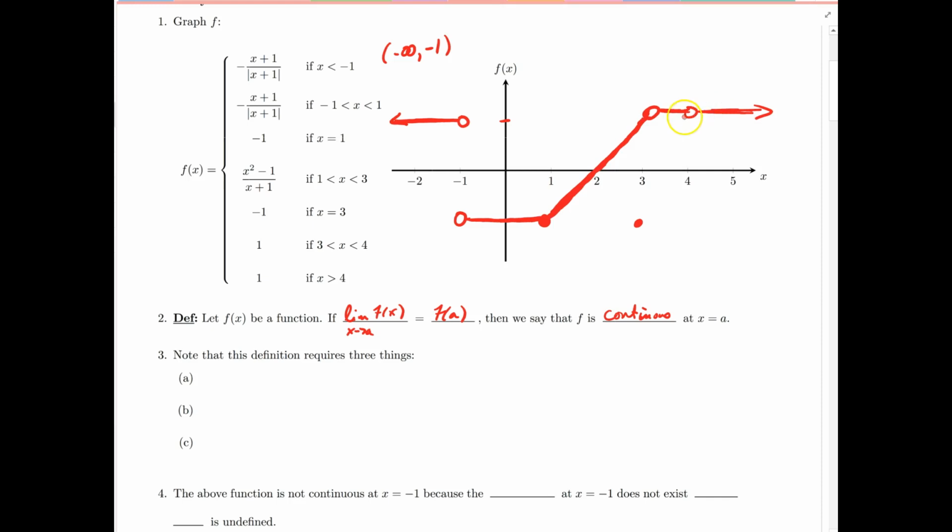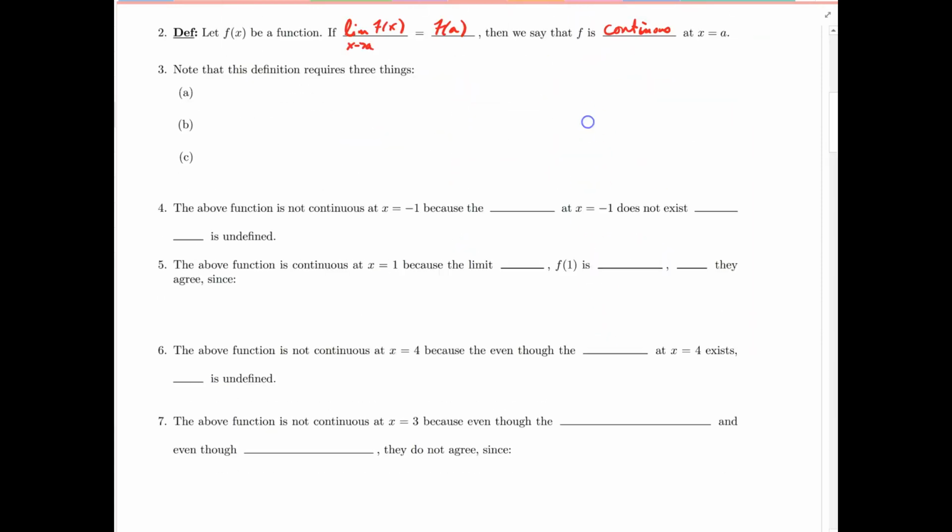So that's a visualization as to why it's not continuous at 4 or at 3 or at -1. And that gives some insight as to why we were continuous at x equals 1, even though something interesting was happening there. The limit exists and the functional value exists, and they agreed with each other at x equals 1, so we're continuous at x equals 1.